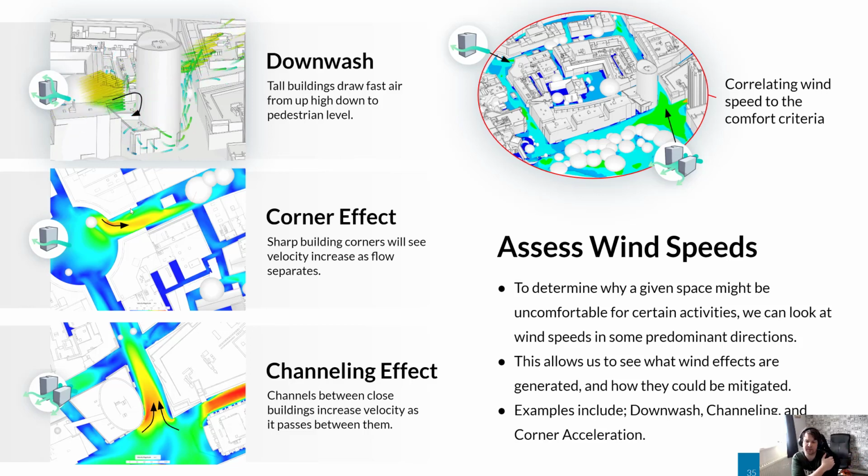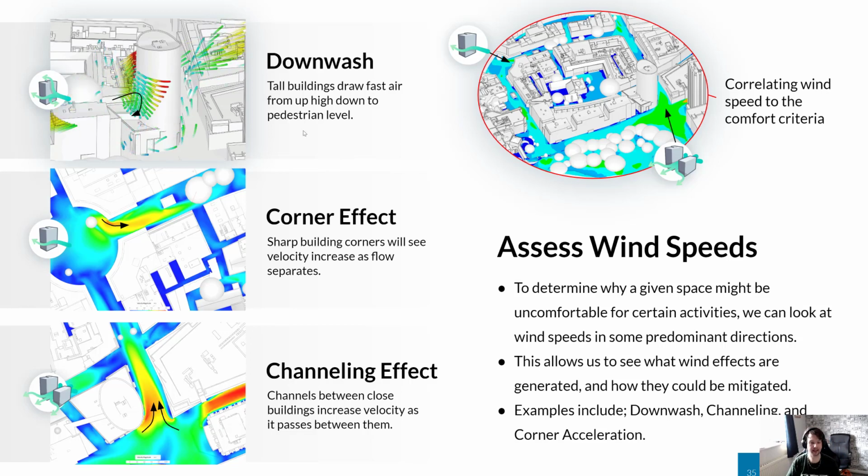And finally, the channeling effect. So a channeling effect typically happens when you've got 2 taller buildings next to each other with a gap. Now if pedestrians happen to be doing activities, either walking or sitting or what have you, in between 2 large buildings, then this is going to be a significant role player, because what wind will try and do is move around the buildings by passing between them, and this passing between them is going to be of increased speed quite significantly.